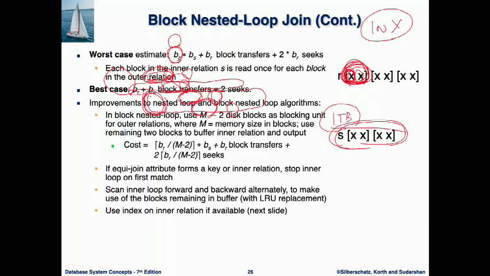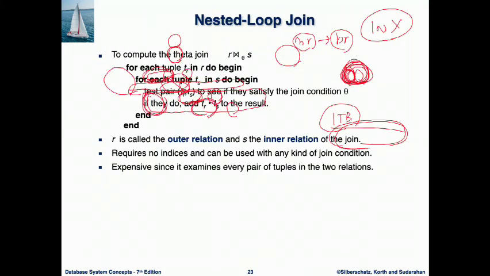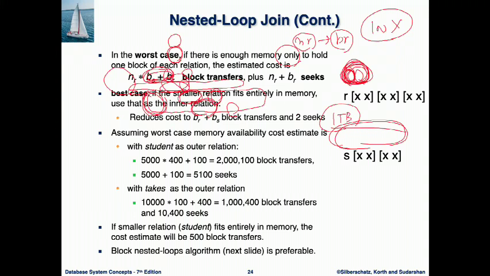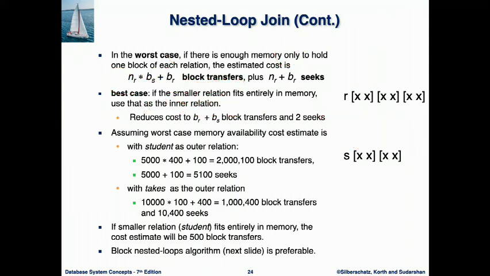And here, previously we had N sub R, but this N sub R is replaced by B sub R. So you are going to get those formulas. Again, previously those were the formulas that we had, but N sub R will be replaced by B sub R because we do a scan on S, not for every record, but for every block.